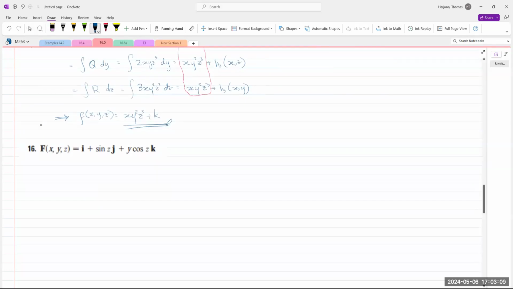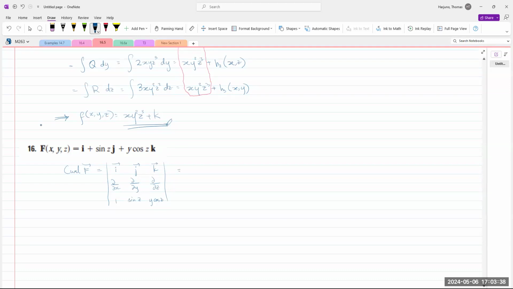So let's see. The curl of vector field F will be the determinant of i j k, dou x, dou y, dou z, of 1, sine z, y cosine z.